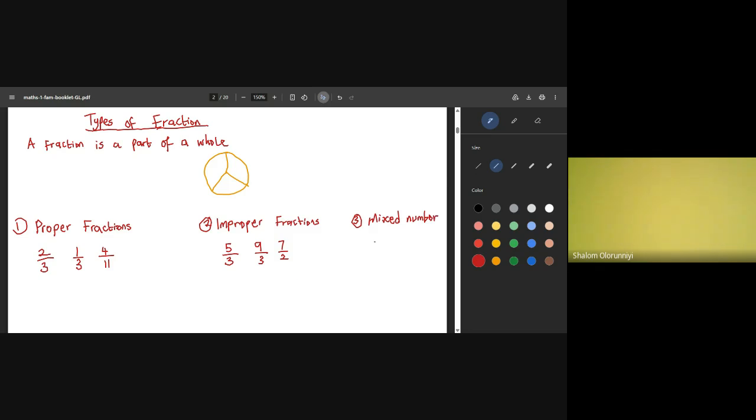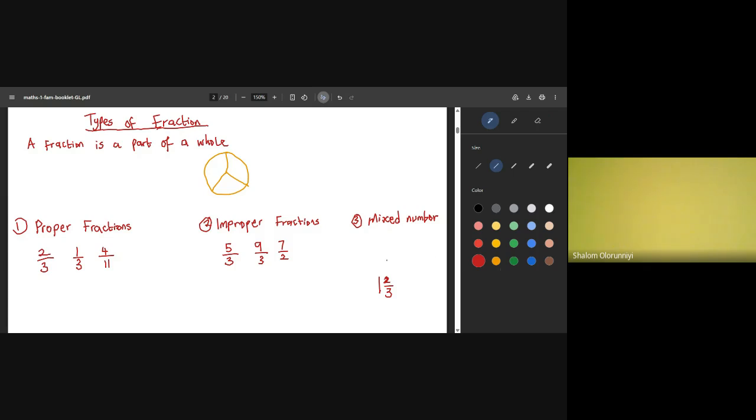That was literally a whole. So let's say I have 3 out of 3 and 2 out of 3. That means I've exceeded the whole, and I still go a bit ahead of it, right? So in essence, that's going to make 1 whole and 2 out of 3, or 1 whole and 2/3. So that's how mixed numbers are gotten, when you have a whole number and then you have another fraction beside it, usually a proper fraction, right?